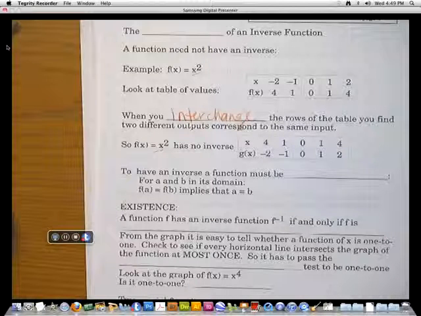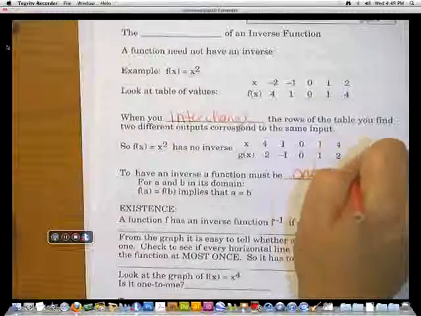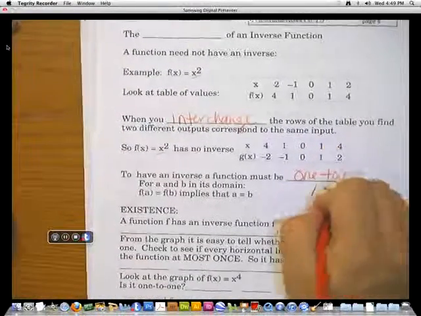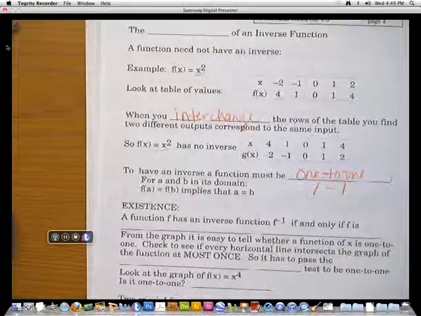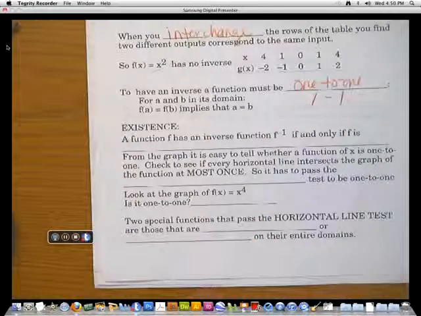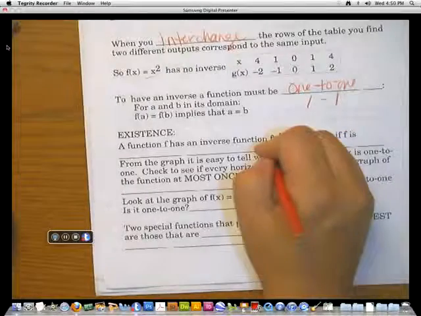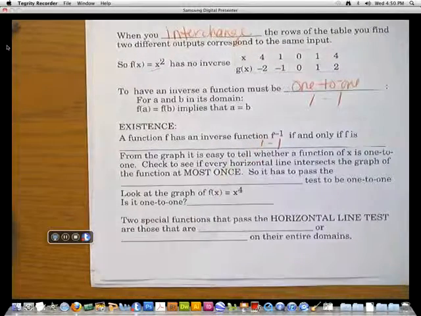In order to have an inverse, a function must be 1 to 1. Short version, instead of writing out the words, just 1 to 1. For a and b in its domain, f of a equals f of b implies that a equals b. In existence, a function f has an inverse if and only if it is 1 to 1.